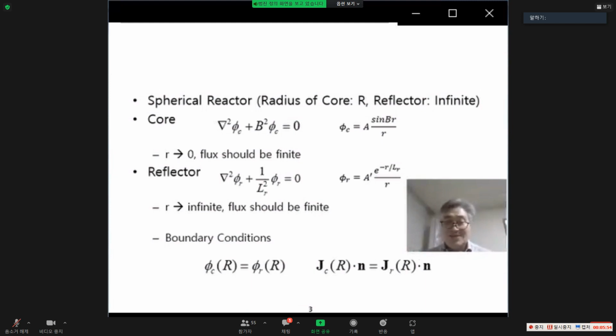Also we can calculate the flux from the reflector region and substitute large R in the place of small r. Then these two values should be the same. That is continuous in mathematics. This is just a continuous condition.